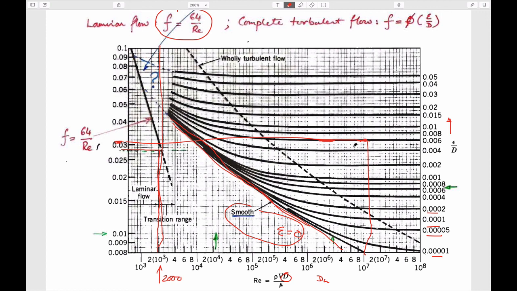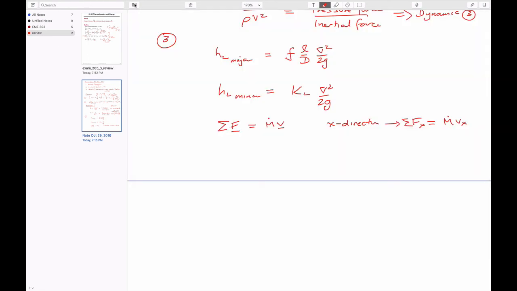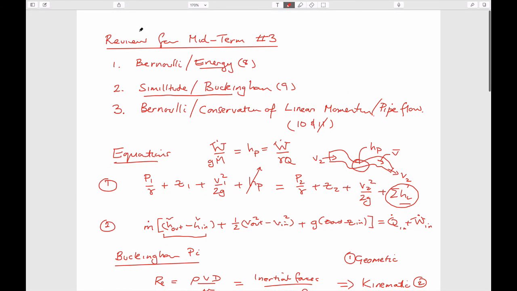So that's it. To reiterate, maybe it's worthwhile going back to what we talked about before, just to say what the 3 equations are. Bernoulli and the energy equation, they're the same equation. Essentially, the energy equation has head loss and pump heads in it. That's the only thing that makes it different from Bernoulli. Similitude is a recipe for defining what the parameters are, the pi groups, that give you similitude between a model and a prototype.